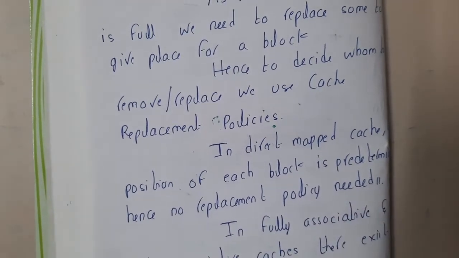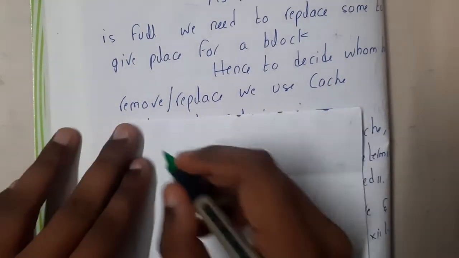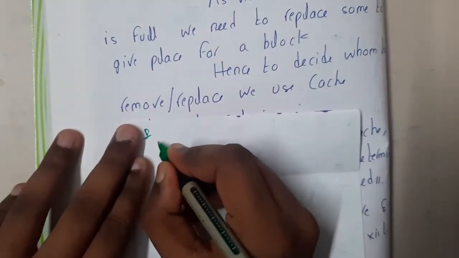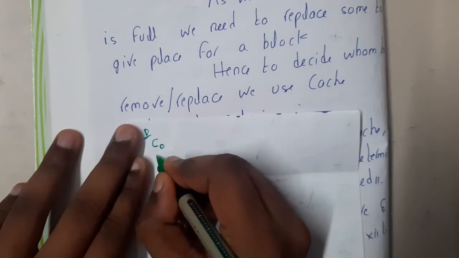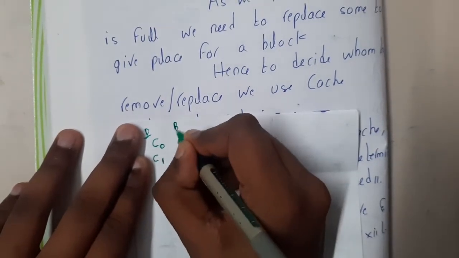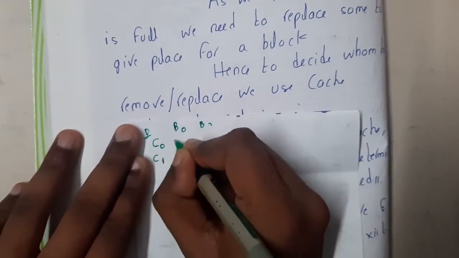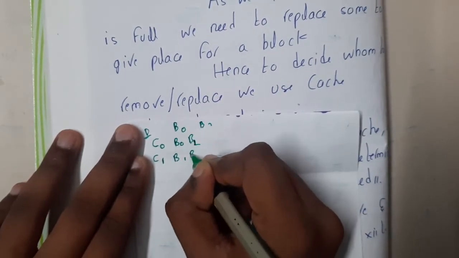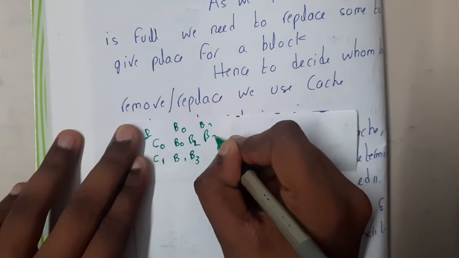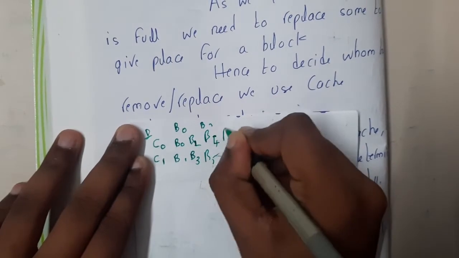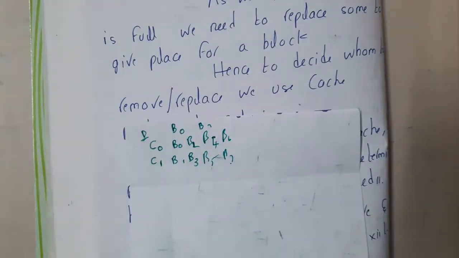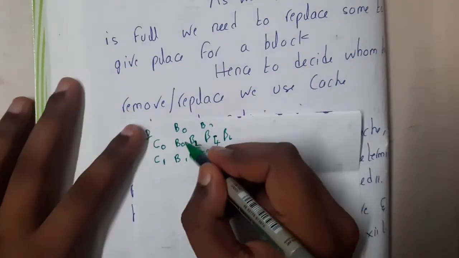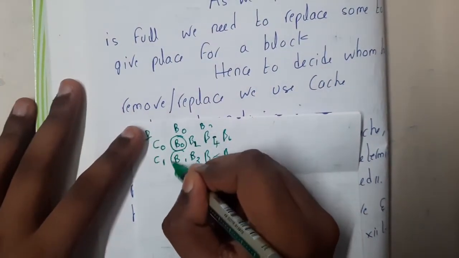Let us recall a few things. In direct mapping, if there is cache line 0 and cache line 1, and there are blocks B0 to B7, each and every block has a pre-decided place to go. Assume B0 is occupying and B1 is occupying.